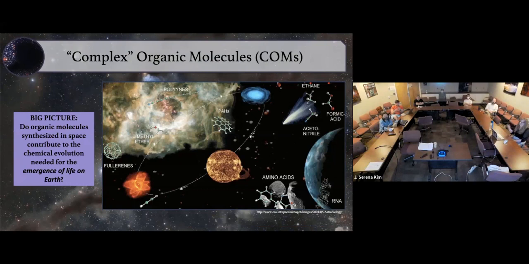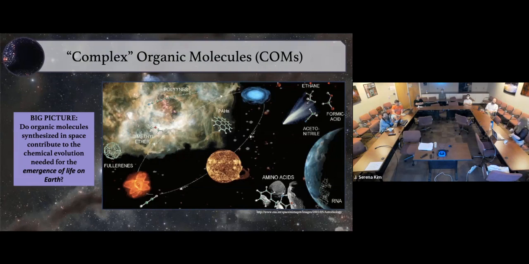The reason why it's interesting to study these complex organics in starless and prestellar cores is that this is a topic that astrobiologists and astrochemists are interested in trying to unearth, not necessarily detections of life, right? These are the precursor molecules that are important for the building blocks of life.